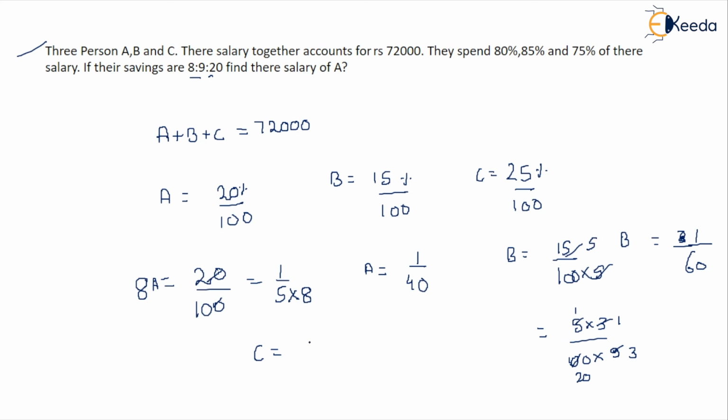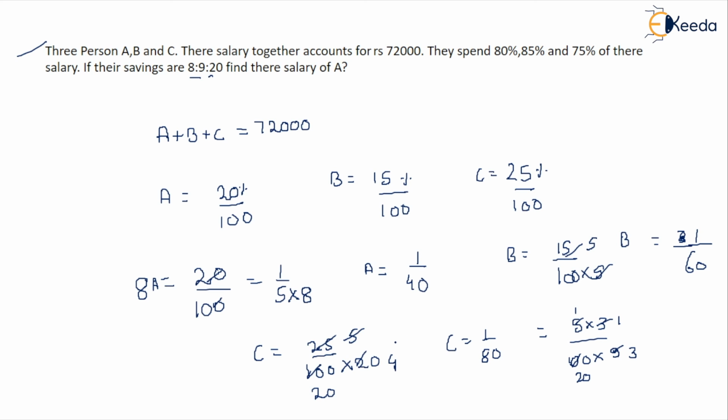And C's saving similarly, 25 by 100. And now the value of C, that is 20, goes in the denominator. So this I can solve, 5, 4, right? Again, I can cut it by 5. So this comes out to be 20 into 4. C's value comes out to be 1 by 80.